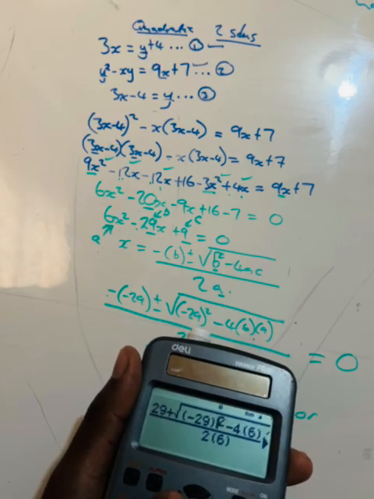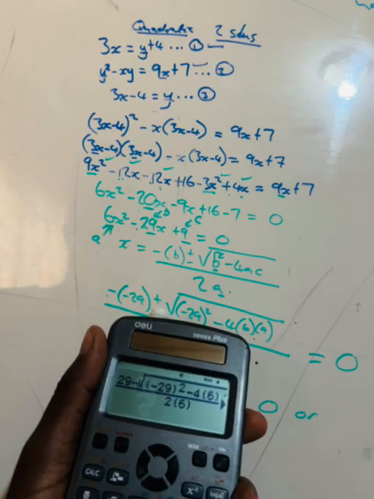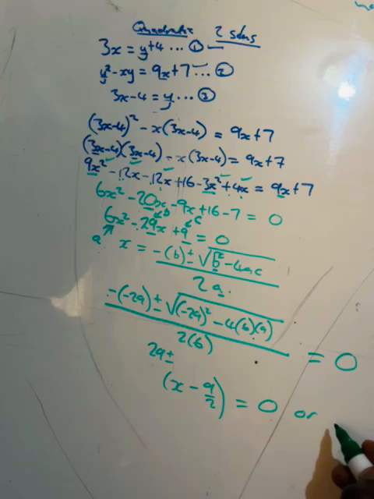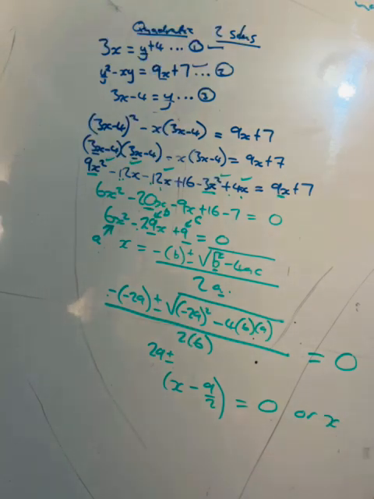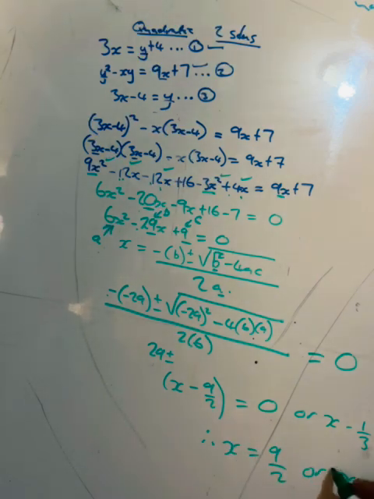When it's a negative, then it tells us what is the answer. So we place a negative there, which gives us a third, which is x minus a third is equal to 0. Therefore, our x is equal to 9 over 2, or our x is equal to 1 over 3.